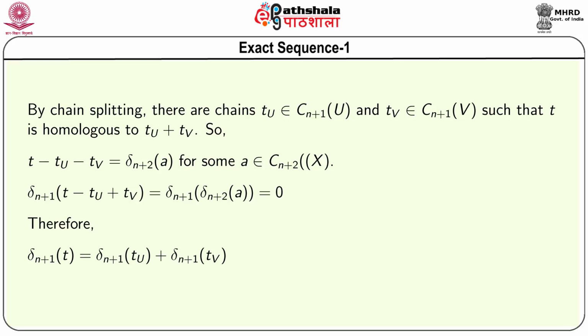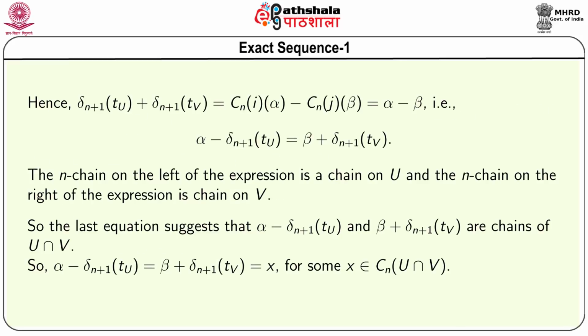That is, delta n plus 1 of (t minus t u minus t v) is equal to delta n plus 1 of delta n plus 2 of a, and that is equal to 0, because the deltas are all boundary homomorphisms. Therefore, we get that delta n plus 1 of t is equal to delta n plus 1 of t u plus delta n plus 1 of t v.